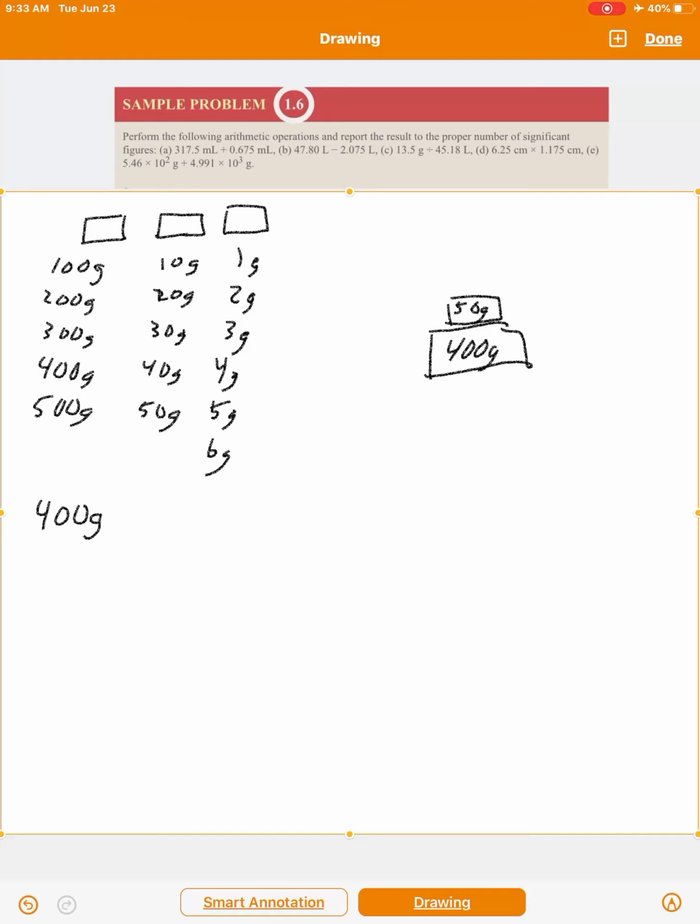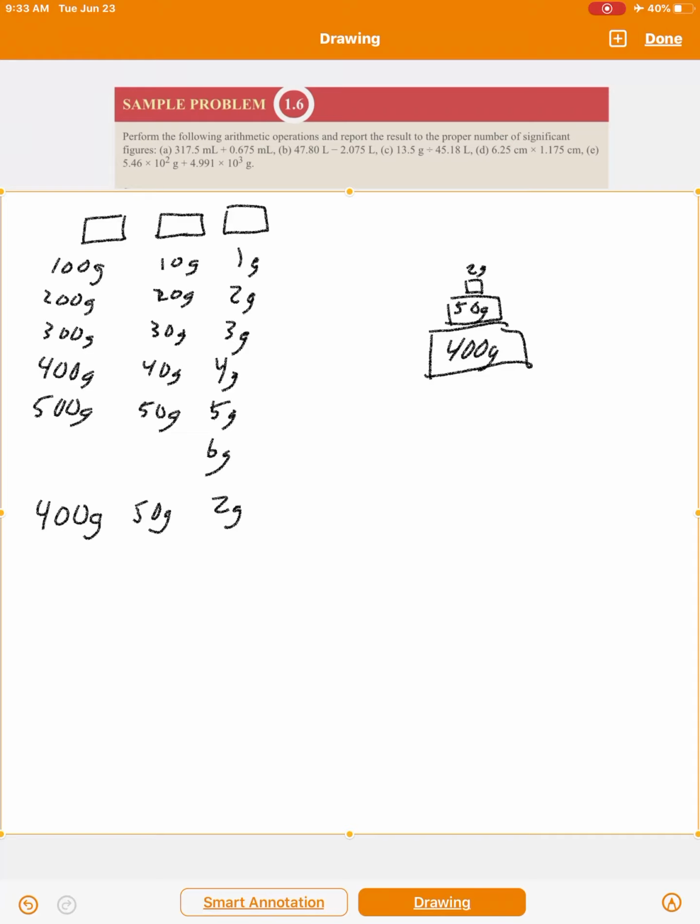Now, again, it may not be 50 grams, right? Using the second scale, it might be 52 grams, or 53, or 54, or 48. Somewhere around 50, but we don't know if it's 50 because we used that second scale. And then suppose on the third scale, I measure something as 2 grams. Again, it might not be 2 grams. It might be 1.9 or 2.1, but it's somewhere around 2.